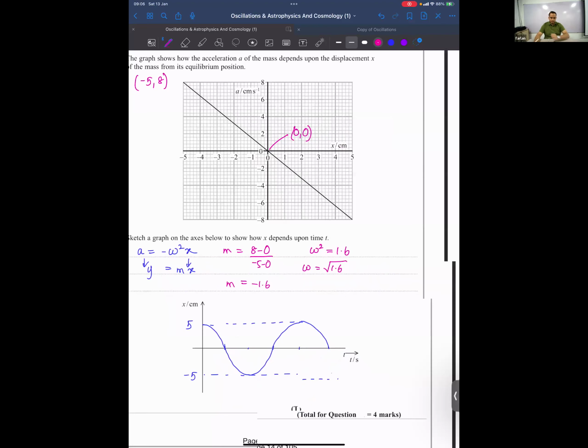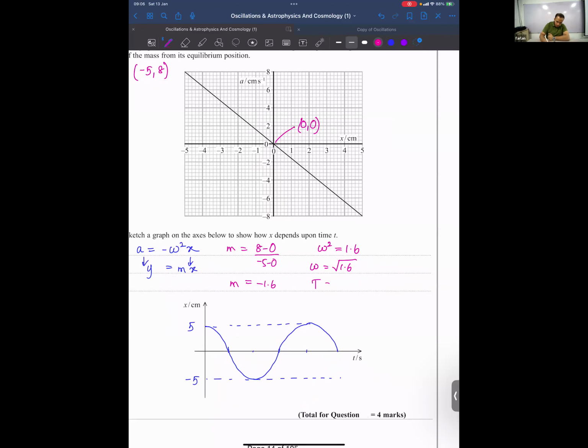To find the time period, T equals 2 pi over omega, that is 2 pi over square root of 1.6, which is 4.97 seconds.